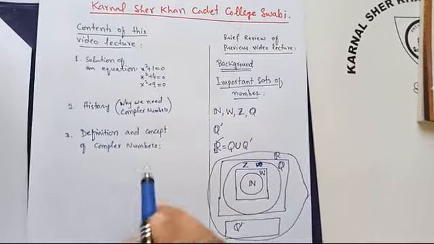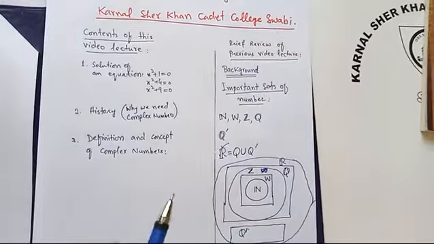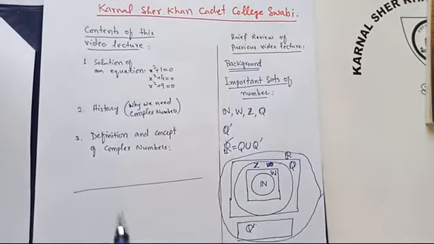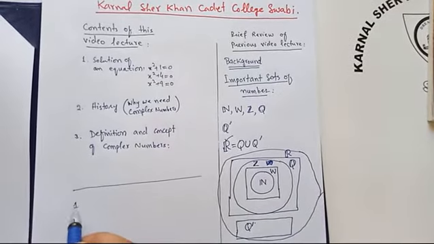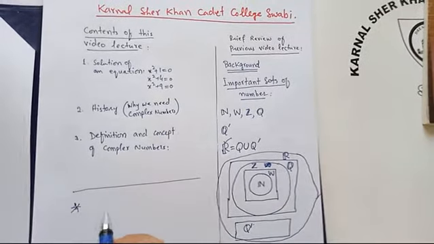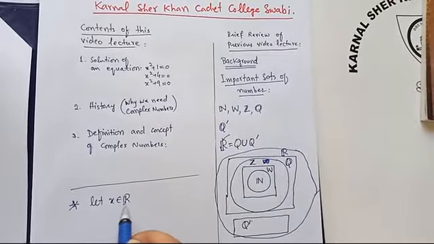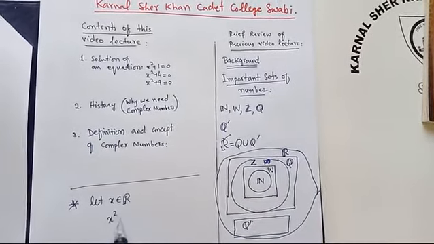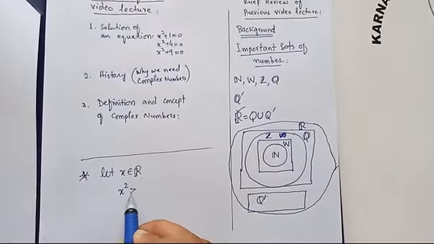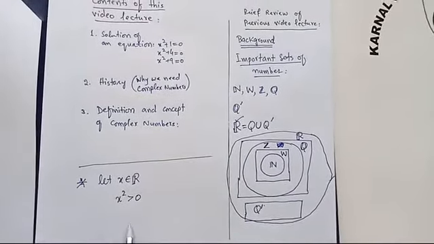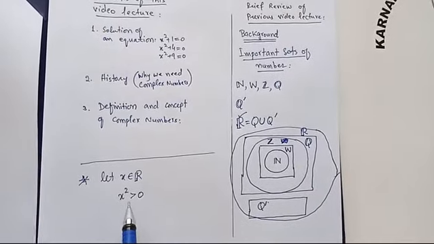Now before switching towards the contents of this video, remember that for every real number, let's say x belongs to R, the square of any real number will always be greater than or equal to 0, meaning the square of every real number is always non-negative.